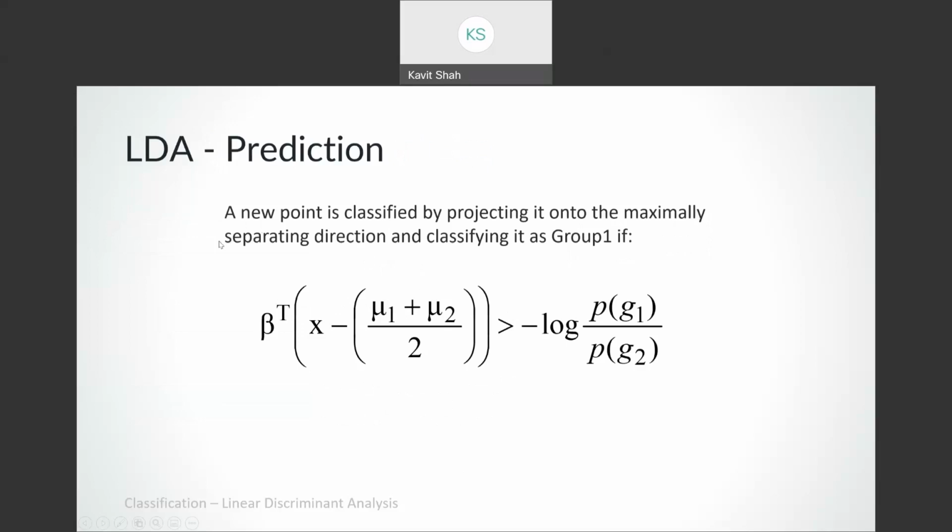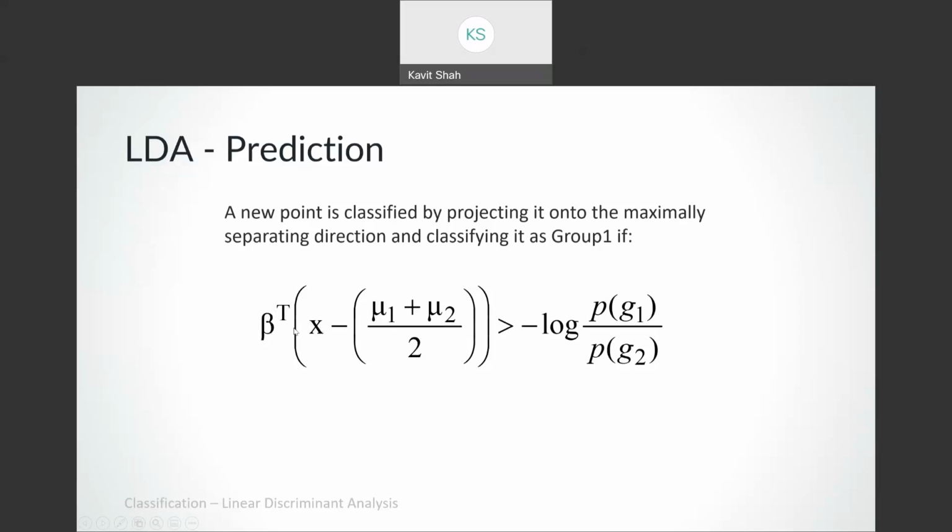Now, what if we are given a new point and we want to classify it based on the projection, so that we could maximize the separating distance between the classes, and we want to classify it as group 1, suppose. Then there is a simple formula which we could use, which is beta transpose times x minus (mu1 plus mu2) divided by 2, where mu1 and mu2 are the means for the two classes.